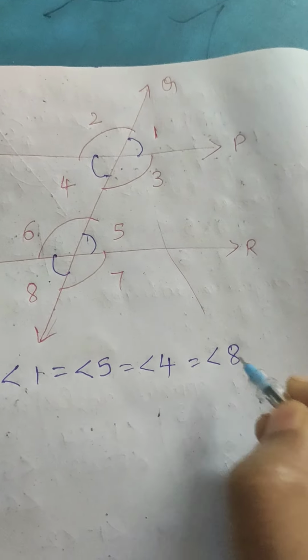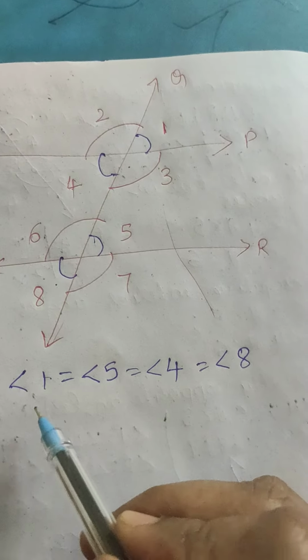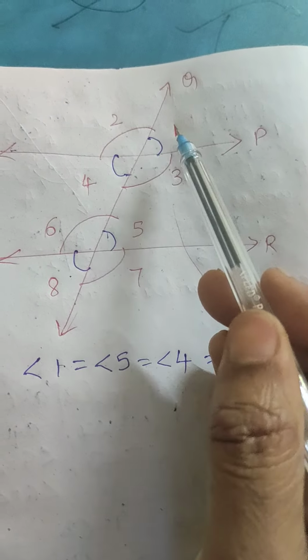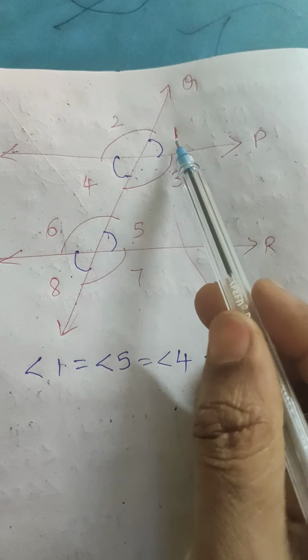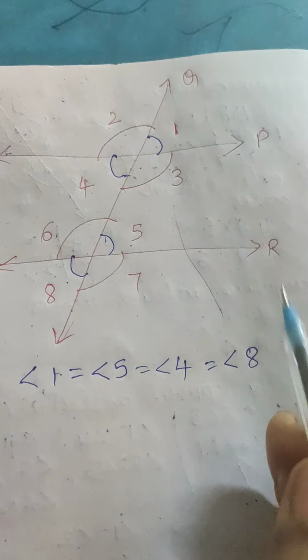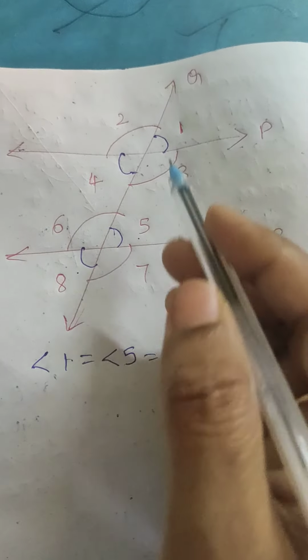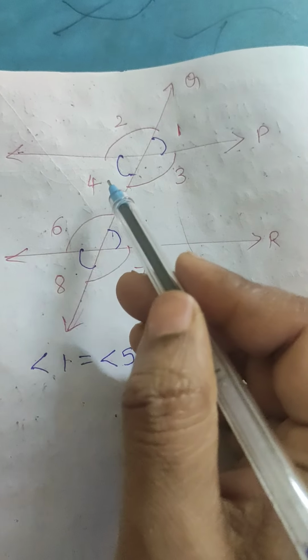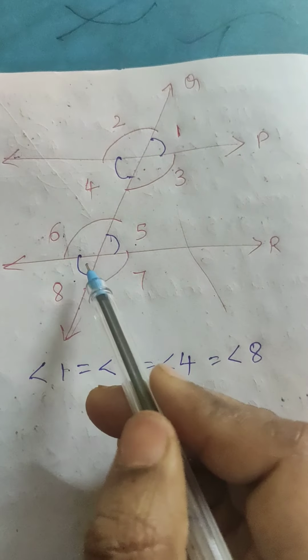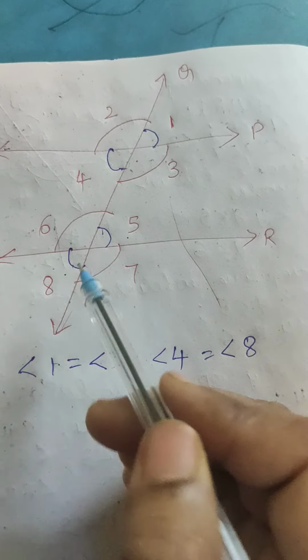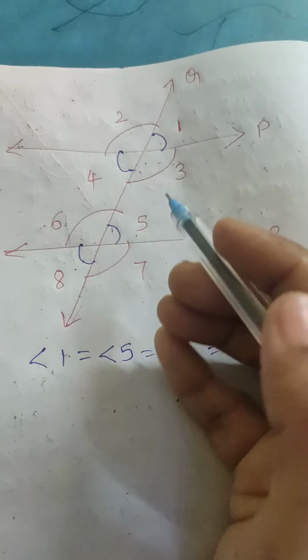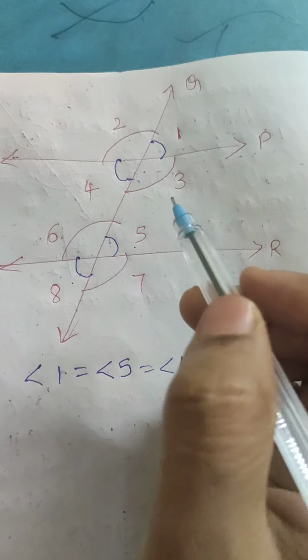Here corresponding angles are equal and opposite angles are equal. Finally, we get that angle 1 is equal to angle 5, equal to angle 4, equal to angle 8.